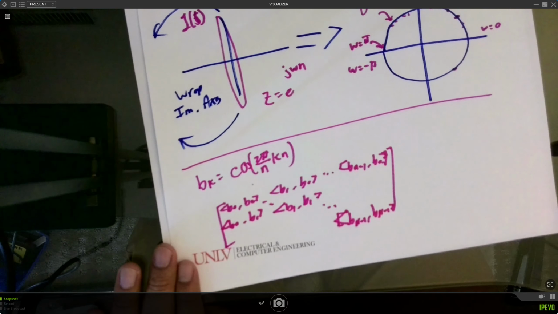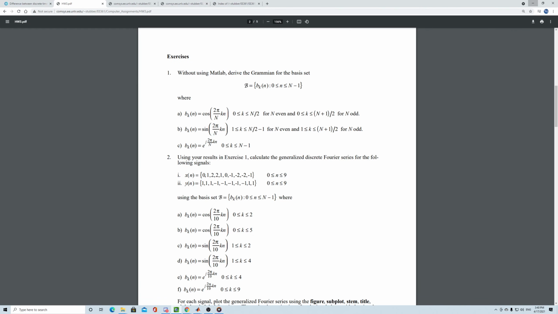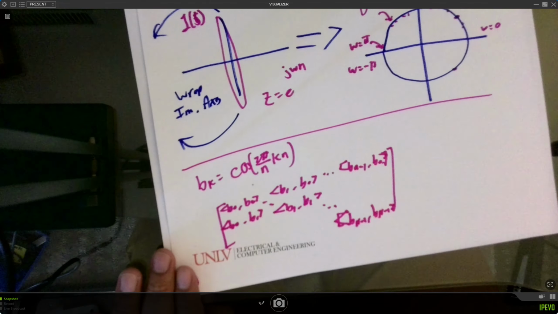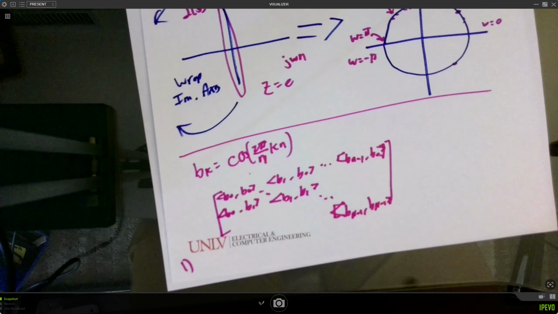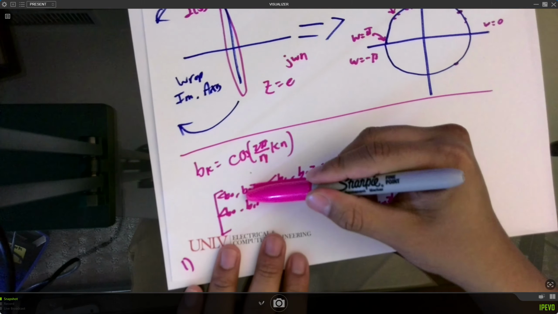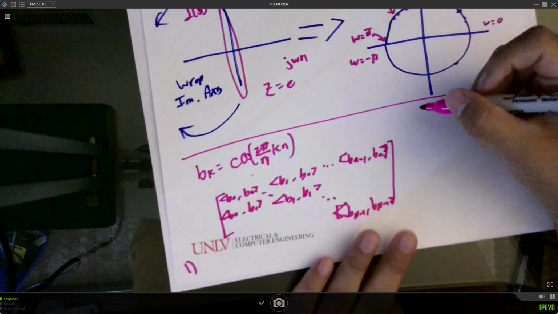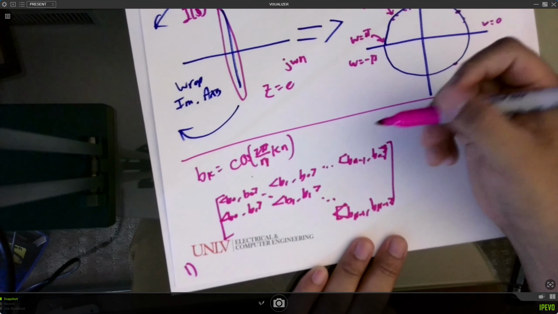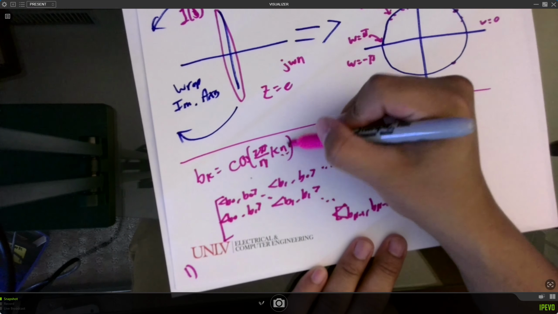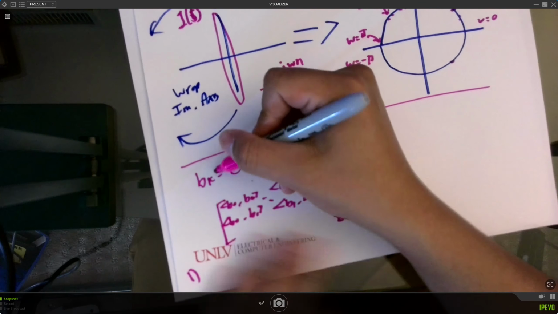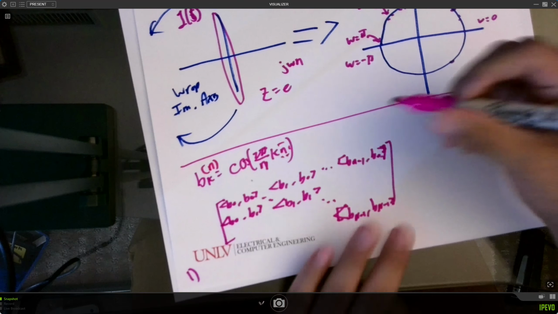Let me just verify I actually have the right thing. Capital N on the bottom. So to prove this first b of 0 and b of 0 case, we're looking at discrete signals, so we're looking at n, so our b of k, which is a function of n.